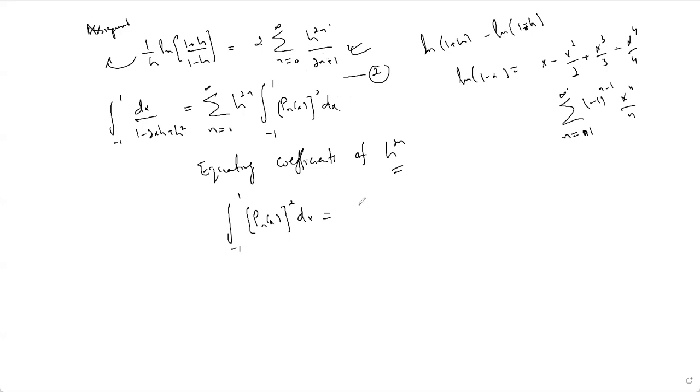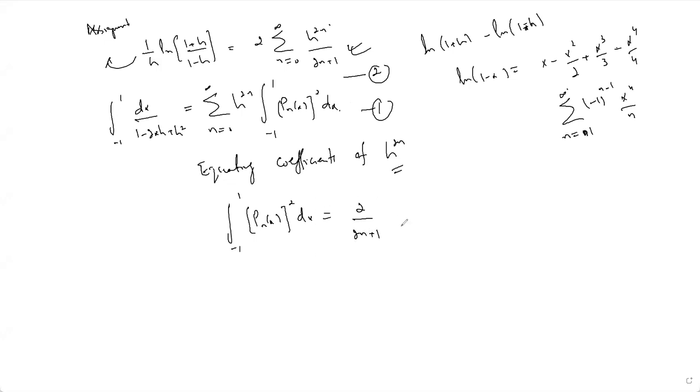The coefficient of h raised to power 2n is 2 divided by 2n plus 1. So on equating these two equations, this was equation first and this is equation 2, I am equating the coefficient of h raised to power 2n on both sides. You will get that the value of this integral is equal to 2 divided by 2n plus 1.